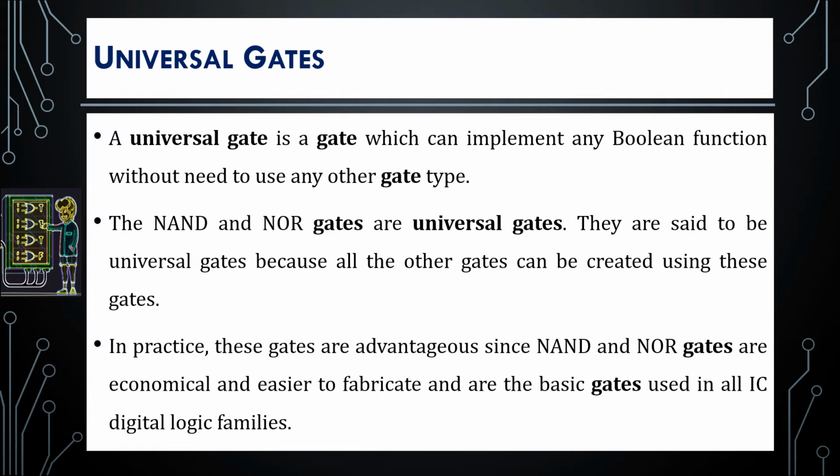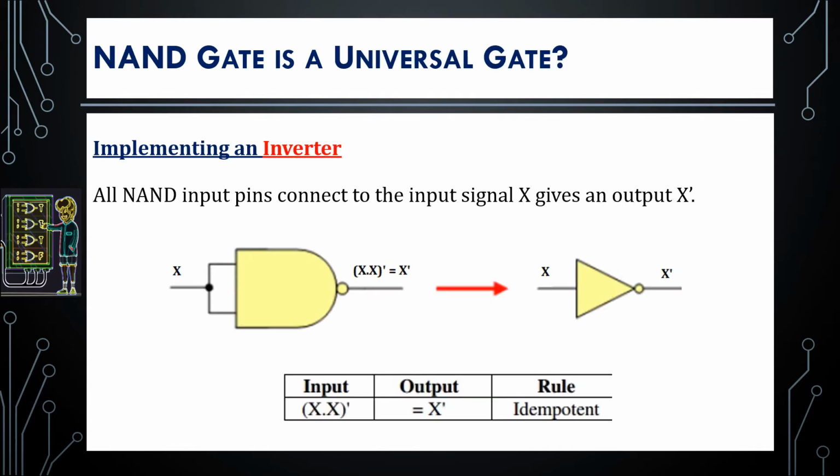We make use of NAND and NOR because they are less expensive compared to other logic circuits and easier to fabricate also. So using NAND and NOR gates, we can implement all other logic gates.